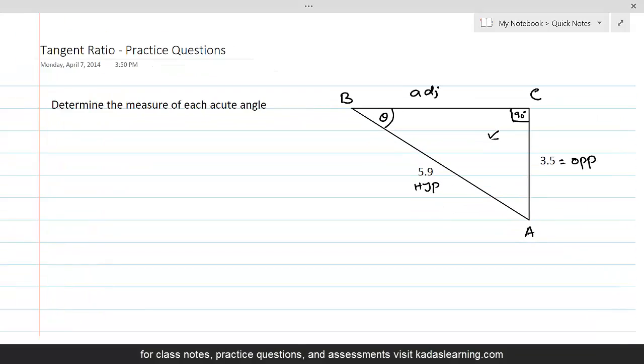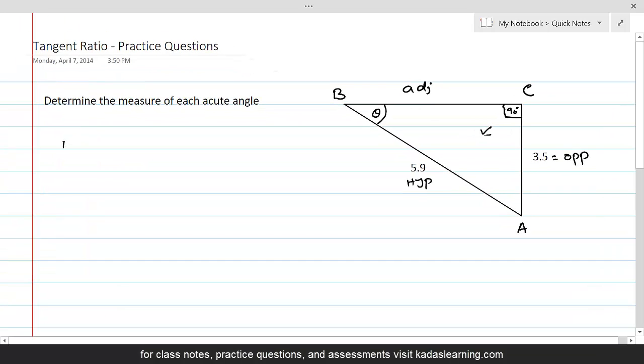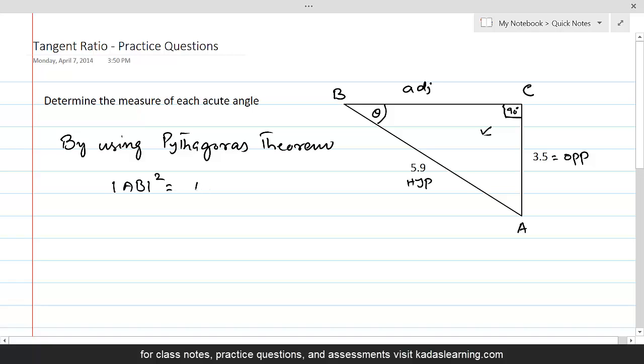By using Pythagoras theorem, AB square, which is hypotenuse, is equal to AC square plus BC square.